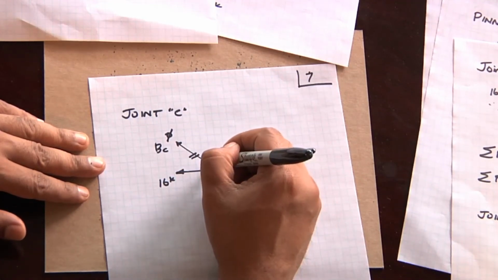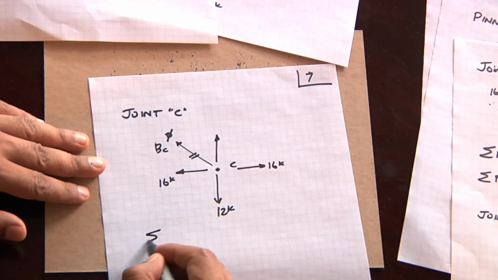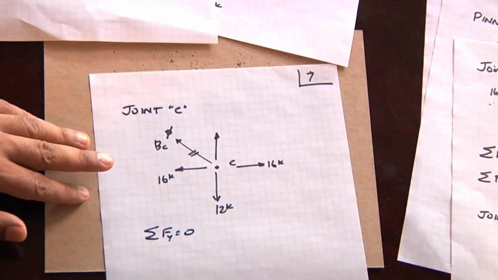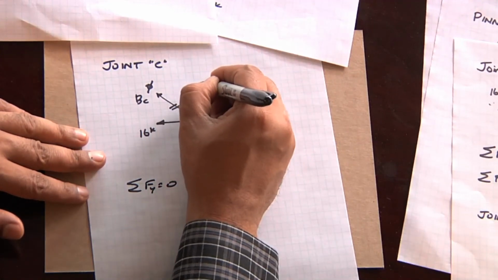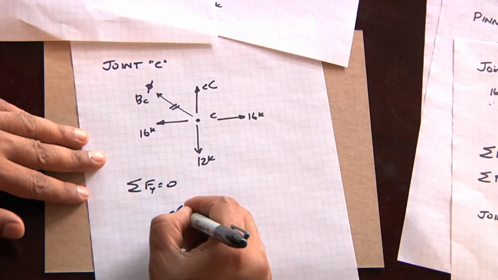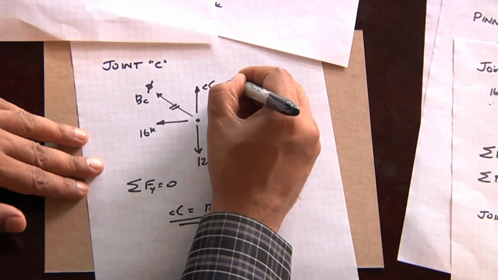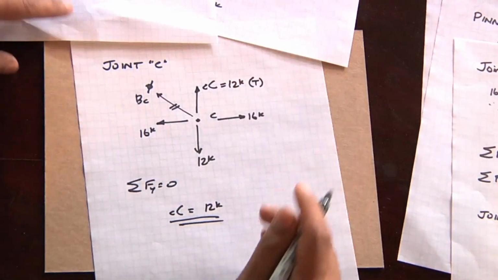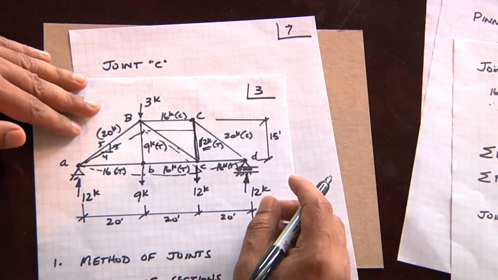That tells us automatically that this force here has to be going up, because the sum of the forces in the y direction equals 0. If we sum that, the chord load, lowercase capital C, has to equal 12 kips. There's no other way about it. So this has to equal 12 kips, and that has to be in tension. And that gives us this load. And then we're done.